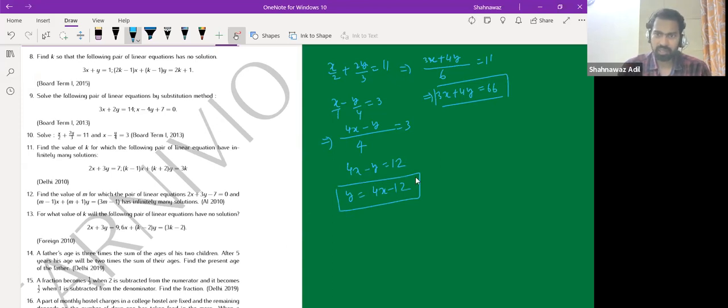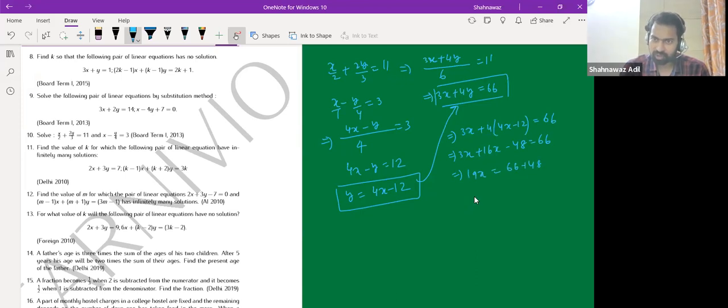And then we can put the value of y in here. So this would be 3x plus 4 into 4x minus 12 equals 66. Then this is 3x plus 16x minus 48, so 19x, and this is 66 plus 48.